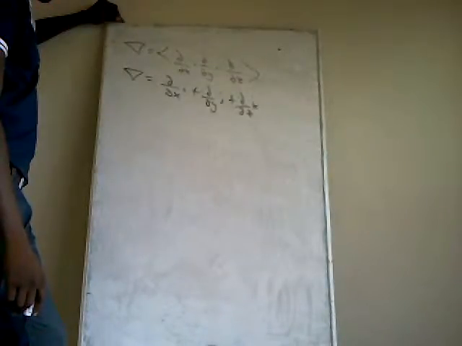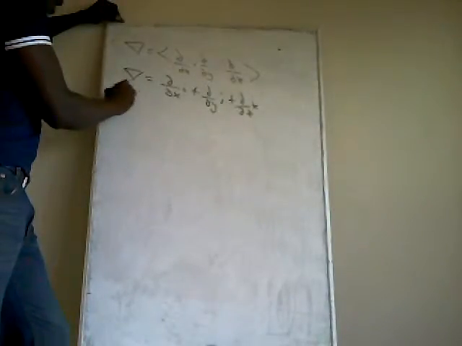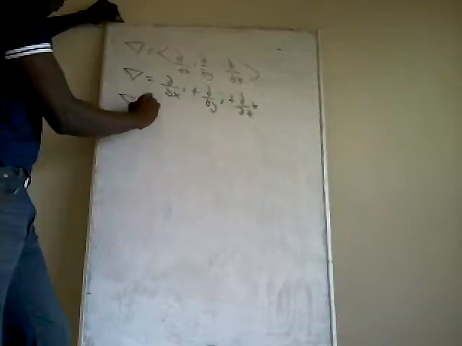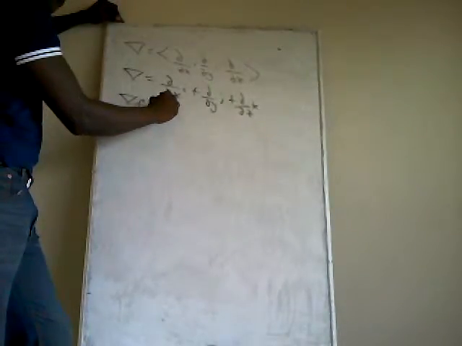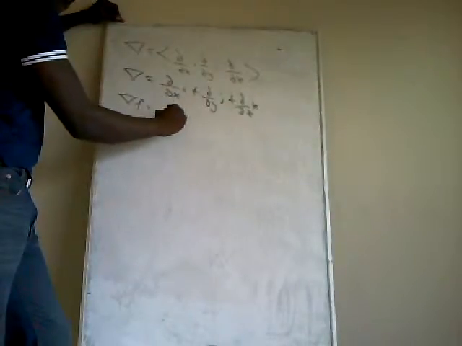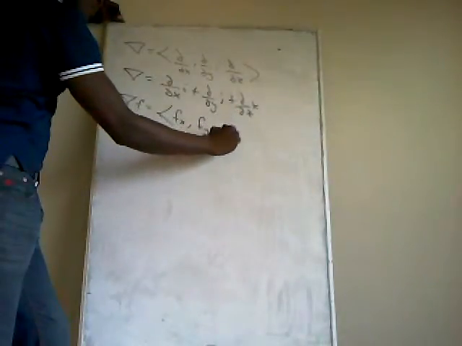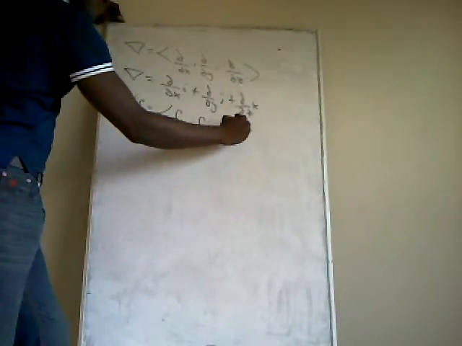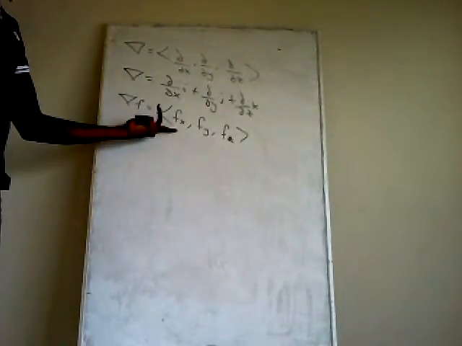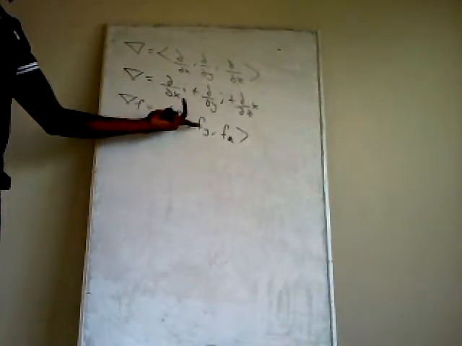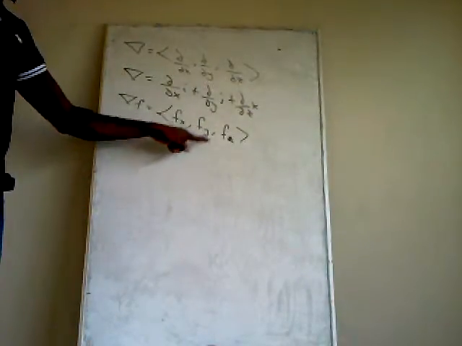Now, the gradient vector can also act on a function f, and that is going to give us fx, fy, fz. I just hope you understand the notation, right? It's the same as del f over del x, del f over del y, del f over del z.